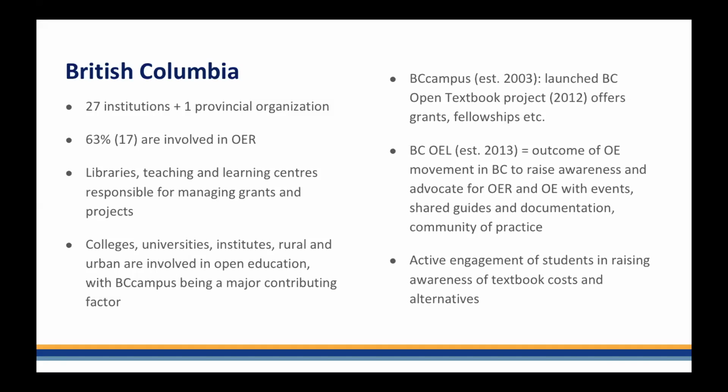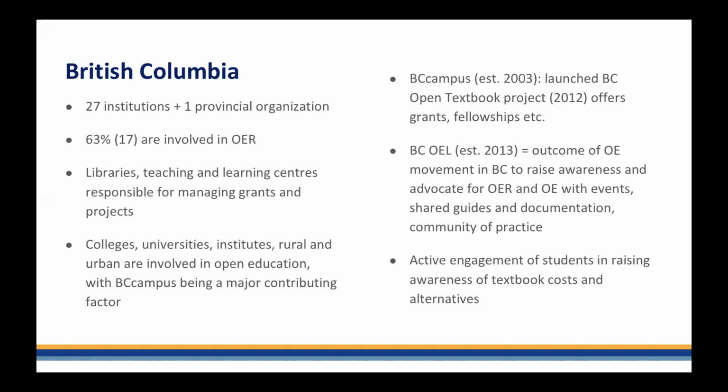One of the outcomes of the OE movement in BC is the BC Open Education Librarian community. That community has a website, and it connects librarians who are working in and advocating for OER to share guides and documentation and be a community of practice for librarians in BC.